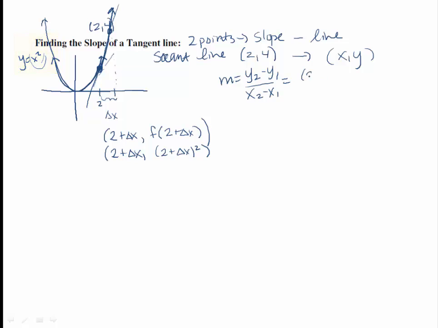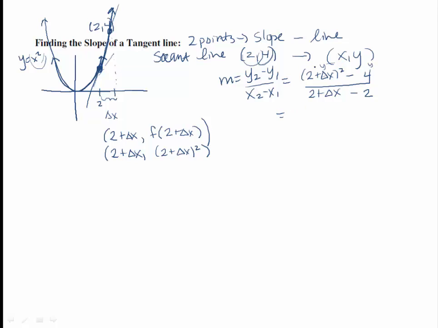So y2 is 2 plus delta x all squared minus 4, because remember 4 is right here, over 2 plus delta x minus 2, because that was my x value. So this is my y value minus my y value, and x minus x.